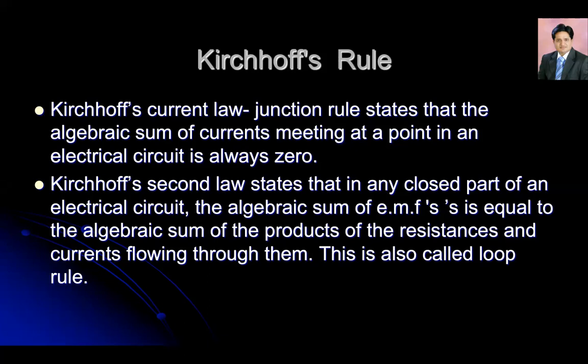Make sure, guys, to note down the difference between EMF and terminal voltage. That's the thing I'm going to ask you in my next lecture. So the algebraic sum of EMFs, right now you can understand EMF is just the voltage, is equal to the algebraic sum of products of the resistance and the currents flowing through them.